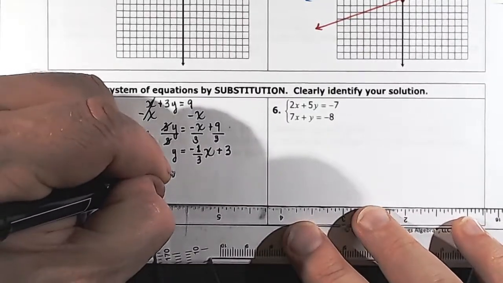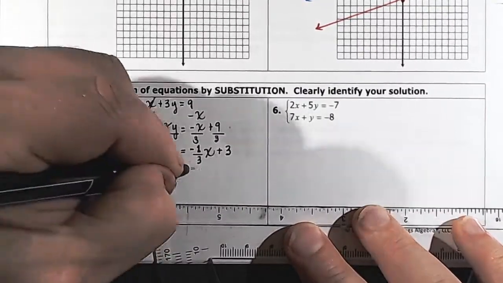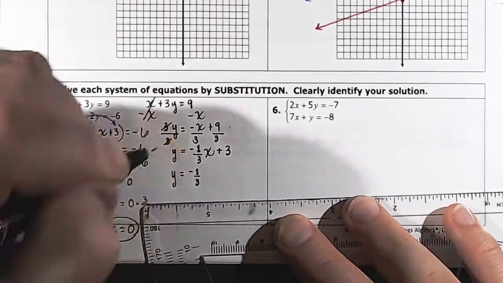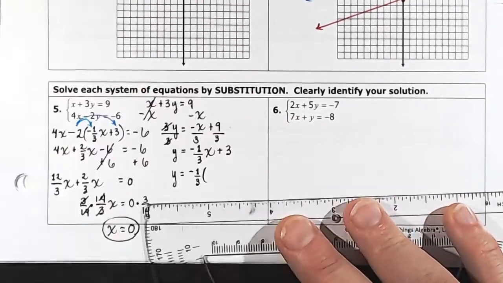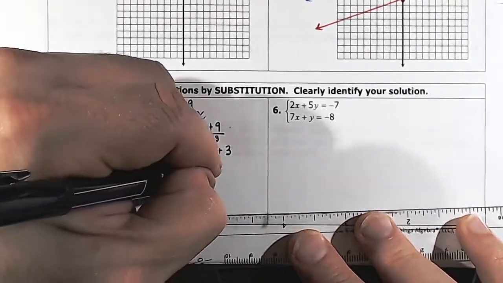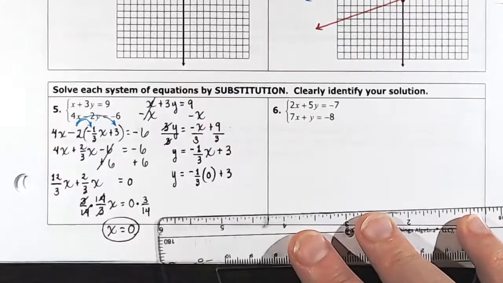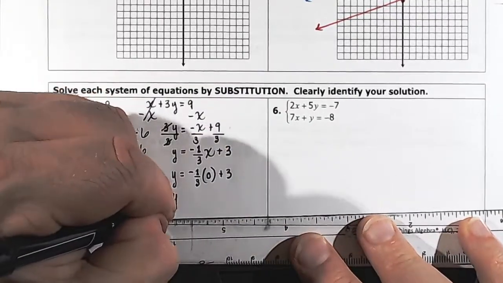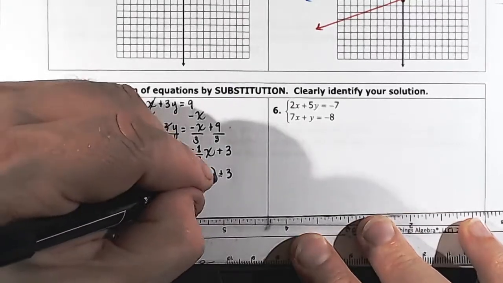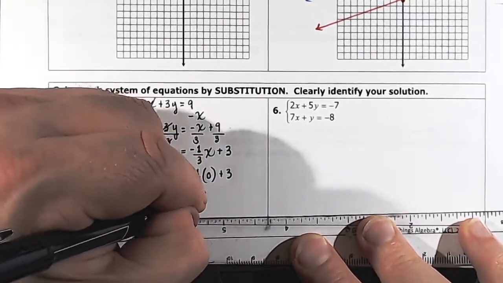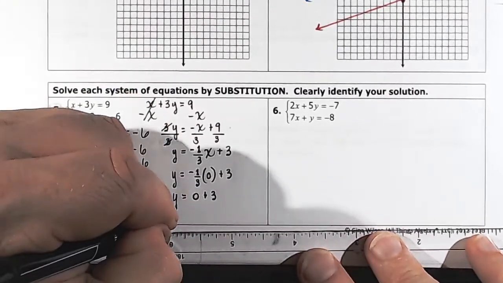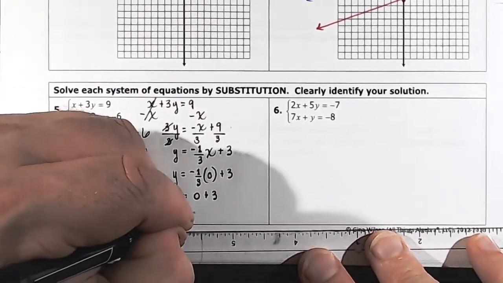I have y equals negative 1 over 3, open parentheses, 0, close parentheses, plus 3. Well, y equals negative 1/3 times 0 is just 0. Okay, so 0 plus 3. And 0 plus 3 is 3, so y equals 3.